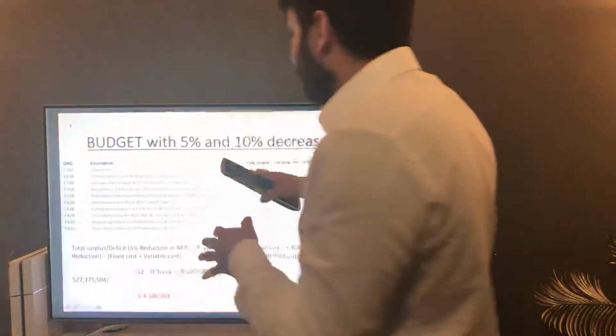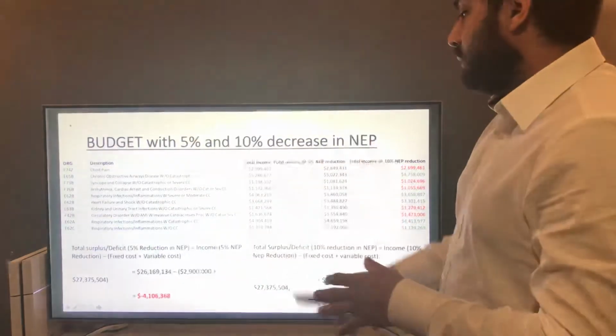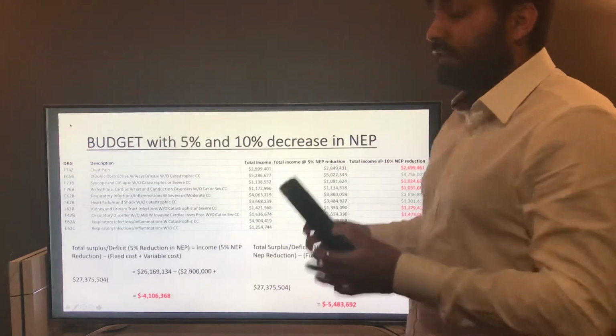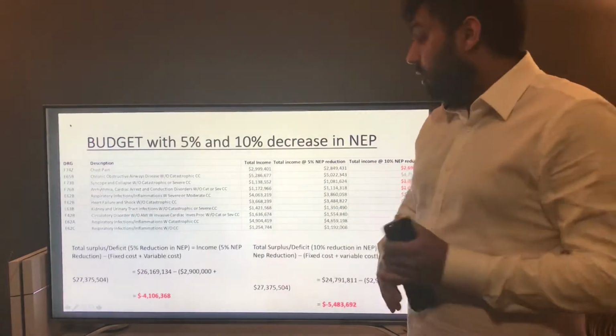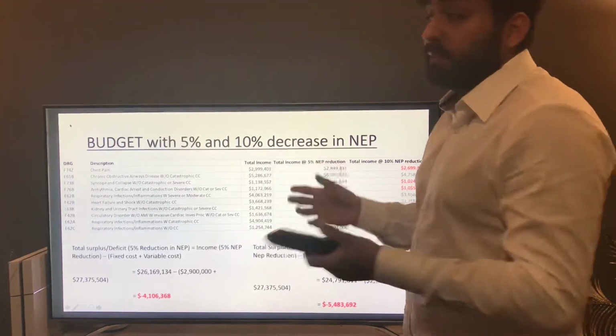So first, talking about the 5% reduction in the NEP, by applying the formula, which is the income with 5% NEP reduction minus the fixed cost plus the variable cost, we have got a deficit of approximately $4 million.